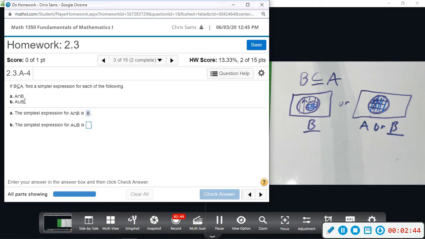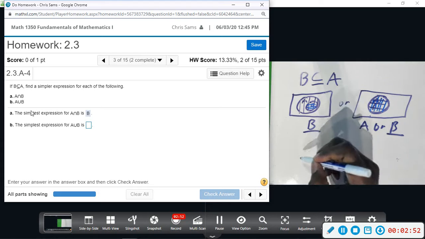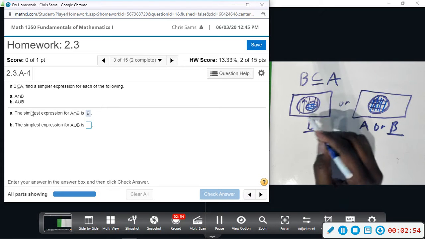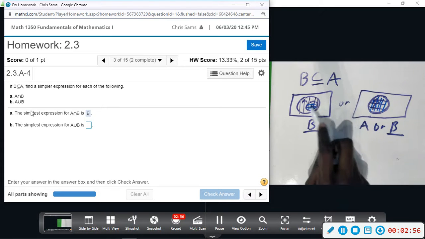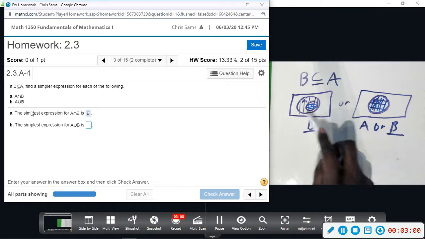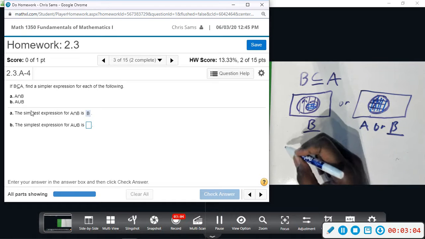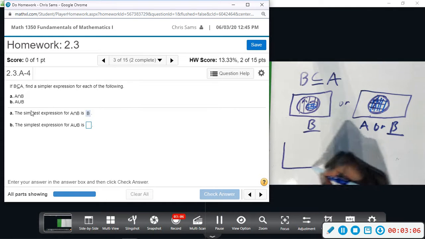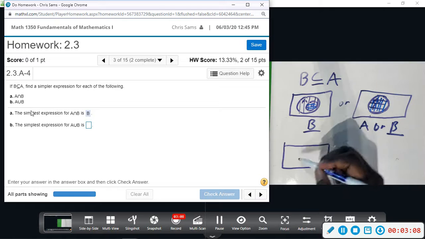All right, now we're going to look at A union B. Okay, so if I were adding these together, so union would take A and add it to B, and since B is already contained in A, I'm still going to just end up with the big set A, because everything that is in B is already in A. So it's another picture.